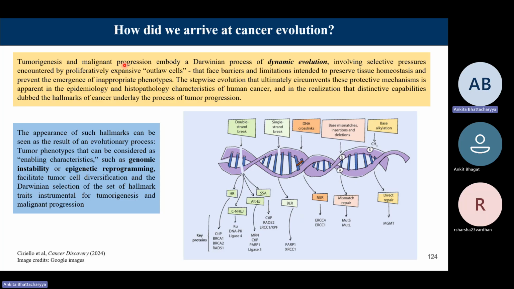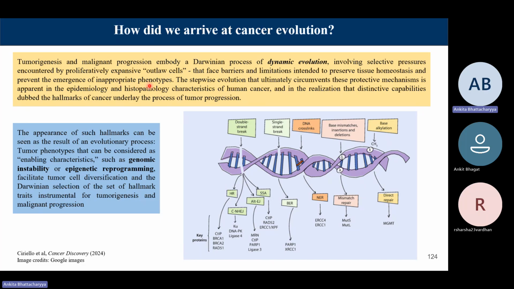That entire process embodies a Darwinian process of dynamic evolution. What does it involve? It involves selective pressures encountered by proliferatively expansive outlaw cells. What are outlaw cells? As the name suggests, these are cells which do not obey the law, right? So these outlaw cells face certain barriers and limitations, which are normally physiologically intended to preserve tissue homeostasis, which means that under normal circumstances they are responsible for preserving the condition of the cell and preventing the emergence of inappropriate phenotypes, right?